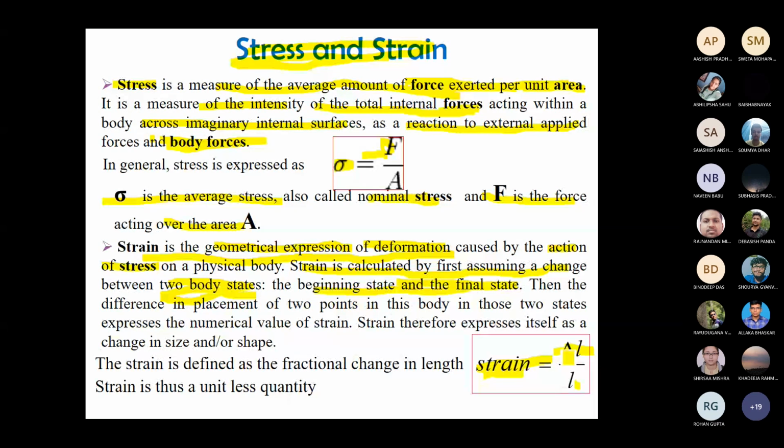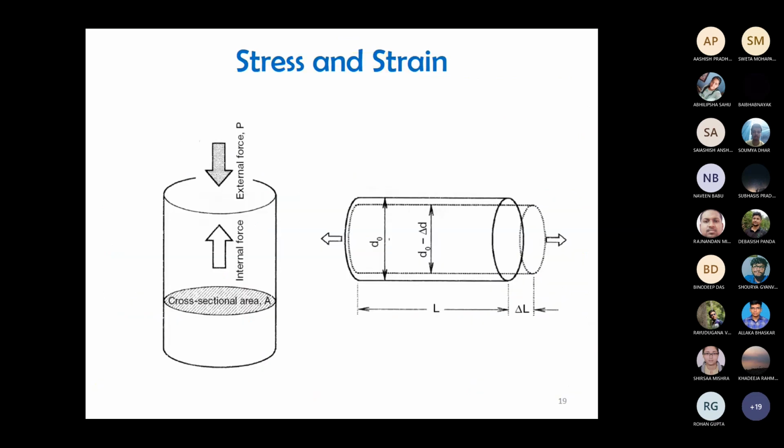That's why delta L is used. The strain therefore expresses itself as a change in size and or shape. Strain is defined as the fractional change in length, so it is a unitless quantity, a ratio of two quantities with the same unit.